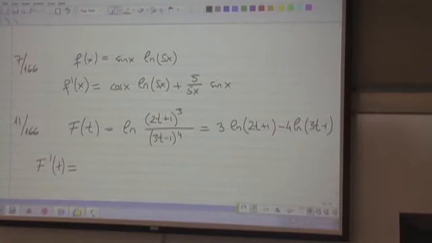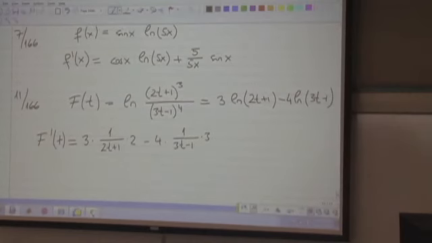Long. 3 times 1 over 2t plus 1 times 2 minus 4 times 1 over 3t minus 1 times 3. Okay, so obviously you can write it as 6 over 2t plus 1 minus 12 over 3t minus 1.